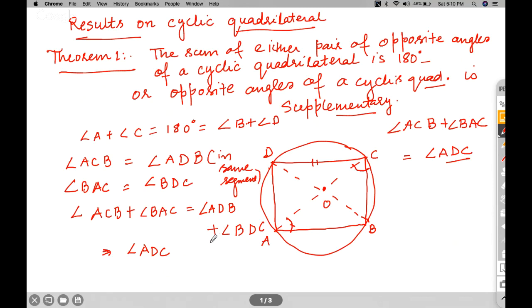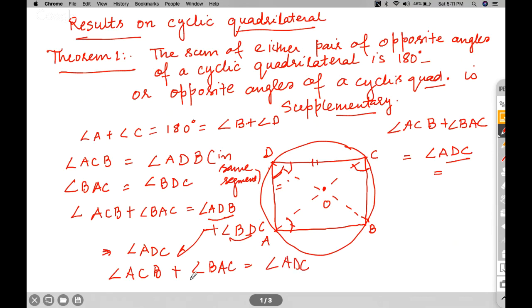Why am I writing this angle ADC? Because you look here, I have angle ADB and angle BDC. So this is angle ADC. So angle ACB plus angle BAC is equal to angle ADC.